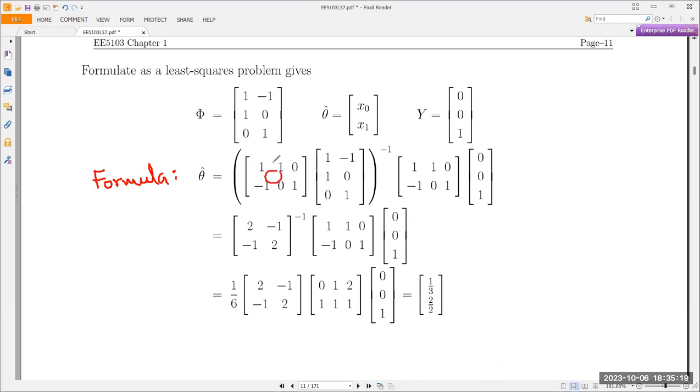This is my phi transpose, this is my phi, then this is my phi transpose, this is my y inside the formula.